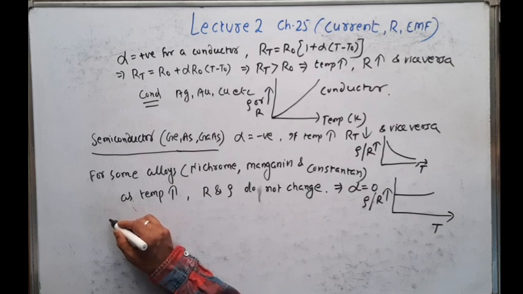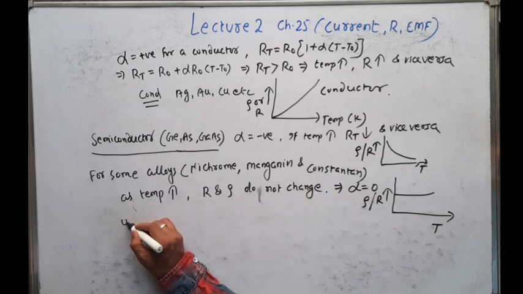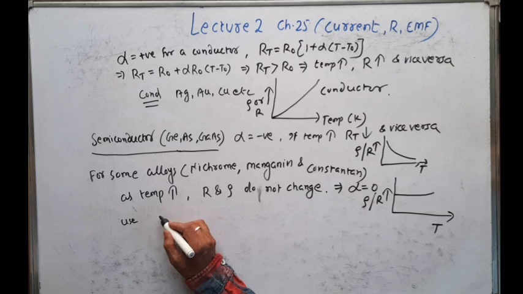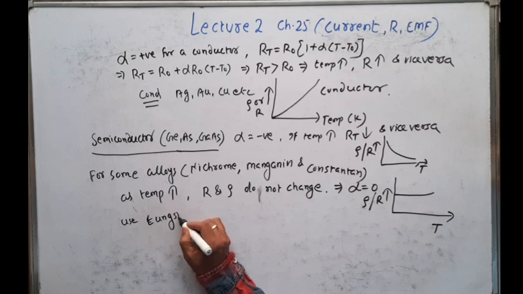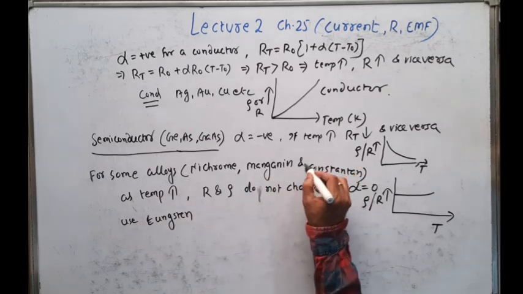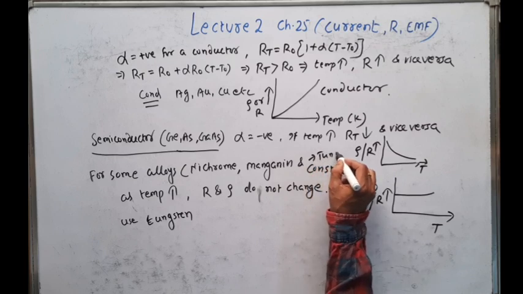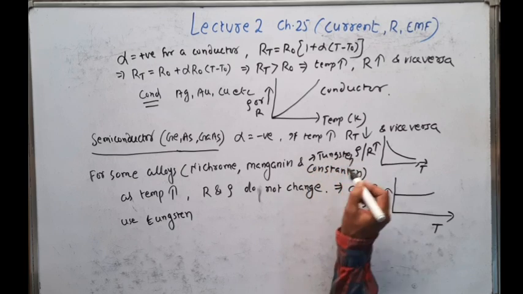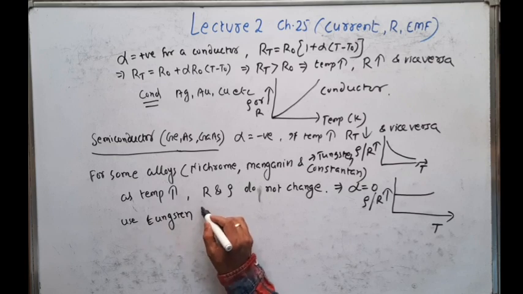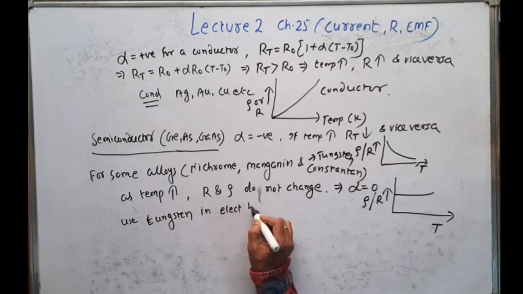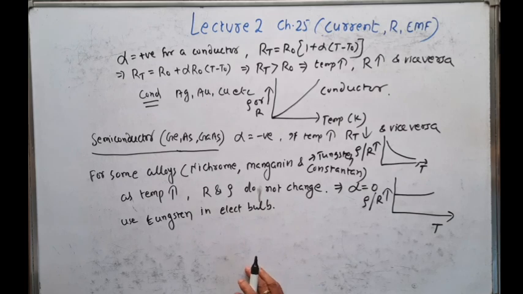That is why we are using nichrome. Tungsten is also the same. We use tungsten. So here we can add tungsten. So we are using tungsten in the electric bulb, because you see, if the bulb runs for some time, heat energy will be produced due to Joule's law of heating effect, I square RT.